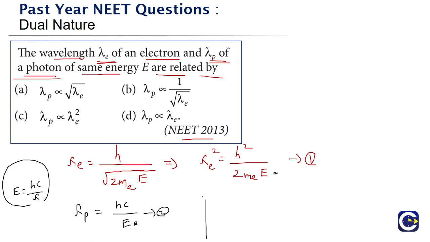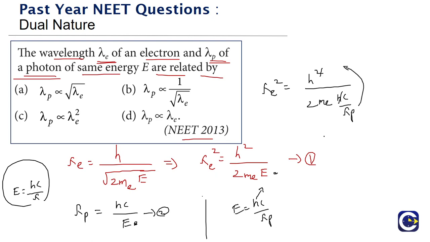From the second equation, E is equal to hc by lambda photon. So just substitute this in equation 1. Lambda electron square is equal to h square by 2 times mass of the electron into, in place of E, hc by lambda p. One h gets cancelled, and lambda p will go to the numerator.